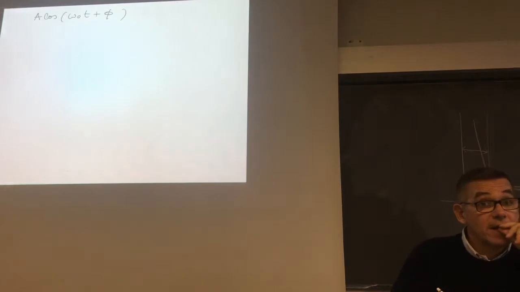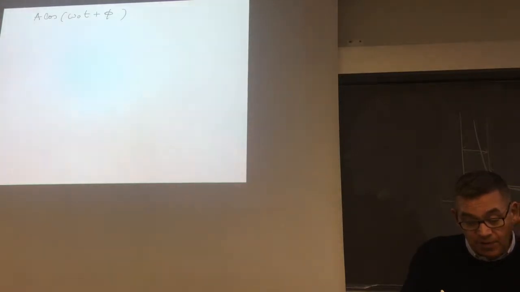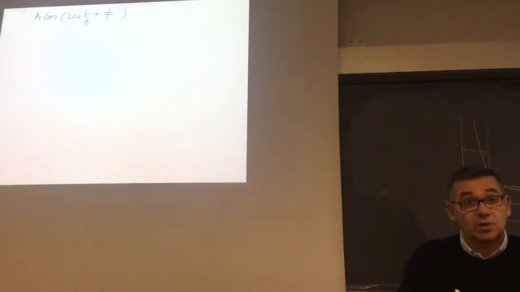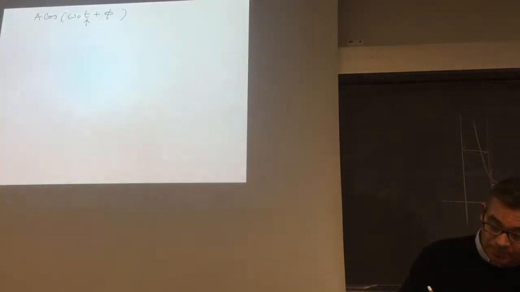The model is A sine or cosine of omega 0 t plus phi. Okay. You're saying the initial condition of the phase is important. Yeah, the initial condition, the phase, is the value of the signal at t equals 0.